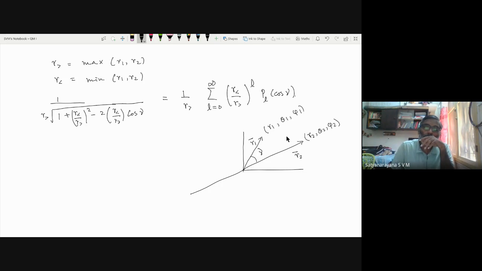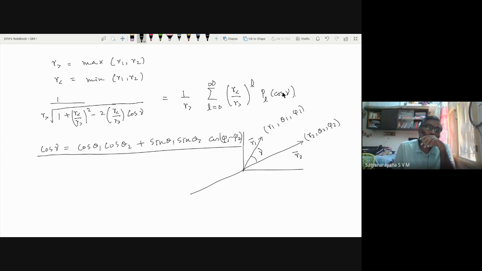Now you can see your cos gamma can be written as, so it is like this. I don't want to show it, you can show it yourself. Cos theta 1 cos theta 2 plus sin theta 1 sin theta 2 into cos (phi 1 minus phi 2). So this will be your cos gamma in terms of theta 1, theta 2.